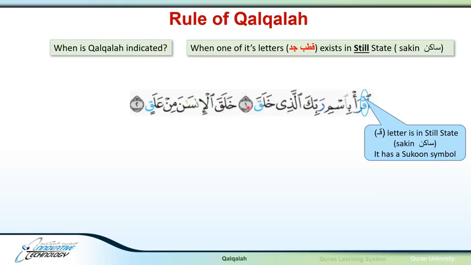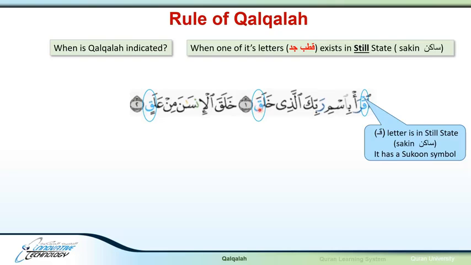And then we look here, we'll find that there is another qaf, but it has a fatha and a tanween with kasr. Yet the rule of Qalqalah would still apply on those two qafs. The reason is, although it has a haraka, a movement, yet as we stop on it, as we pause the reading at the end of the verse, at the end of the ayah, the rule is that we always pause with sukoon.